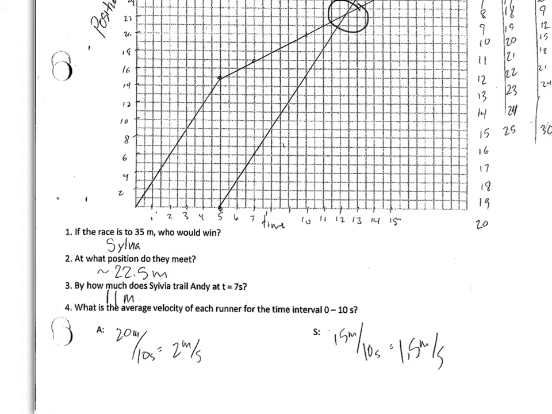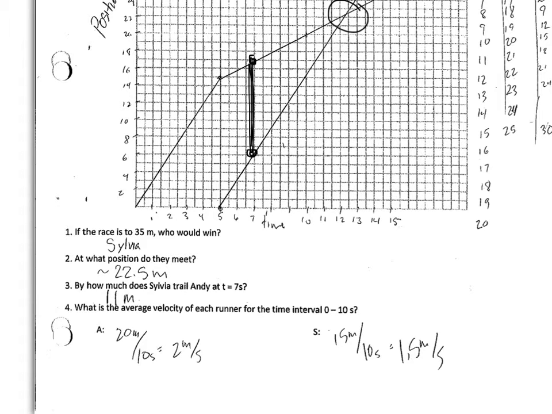Question 3 asks about the difference in their position at time 7 seconds. In other words, how far ahead is one runner versus the other at the 7-second mark. If you look, time 7 seconds is right here. For both runners, they're at very different positions, and it's the space between the graphs here that tells you exactly how far apart they were.